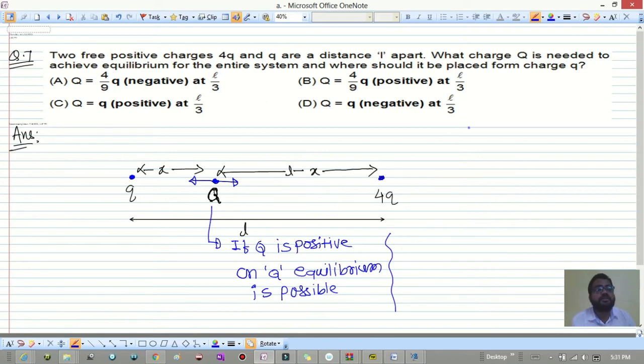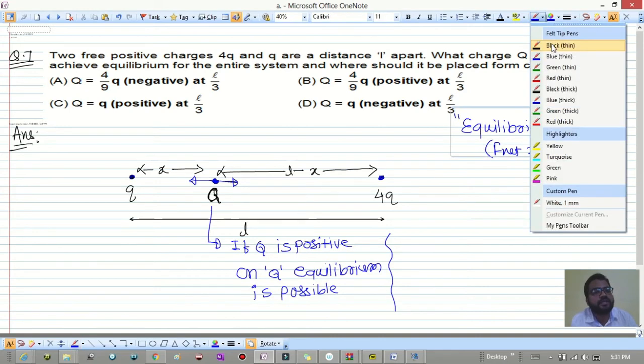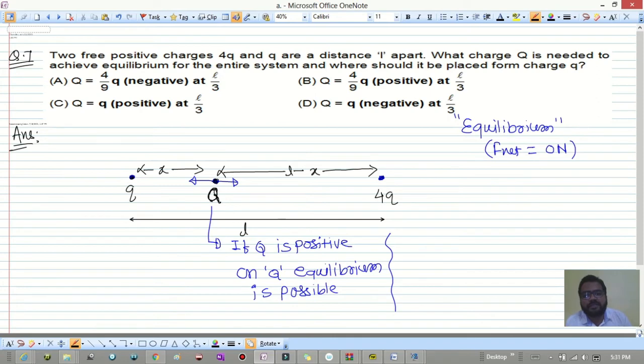Equilibrium means the net force on that object must be equal to 0 Newton, isn't it? So if I place capital Q at a distance x from small q in such a way that the force due to small q and the force due to 4q are equal in magnitude and opposite in direction, then it is possible to have equilibrium for capital Q.